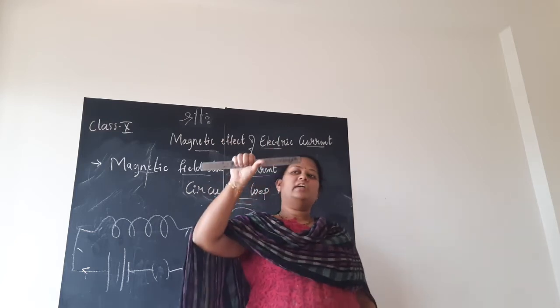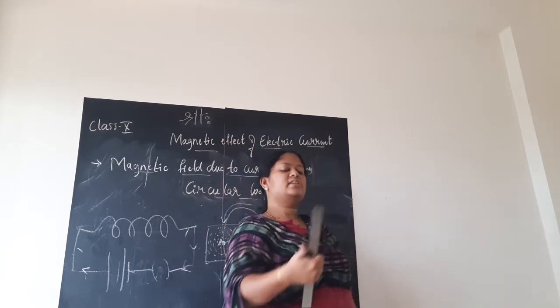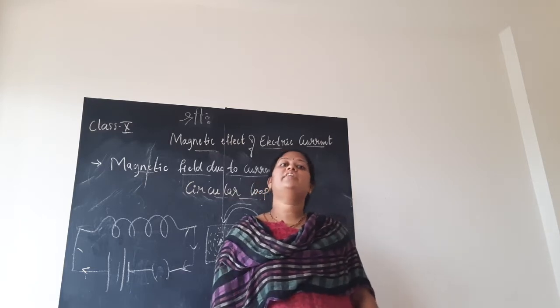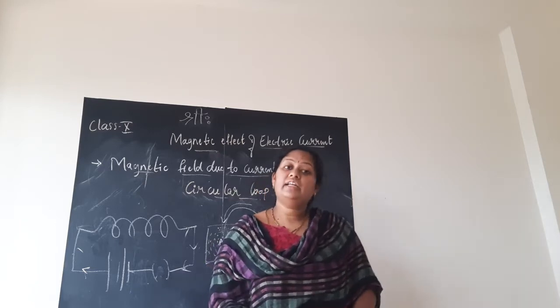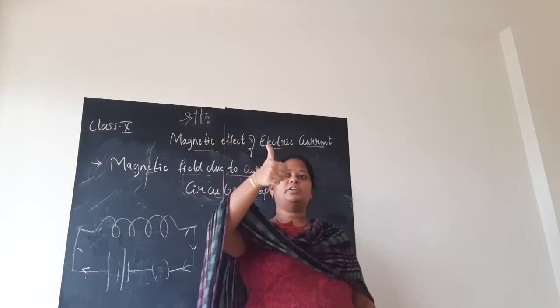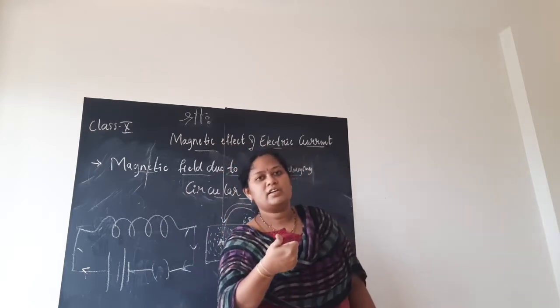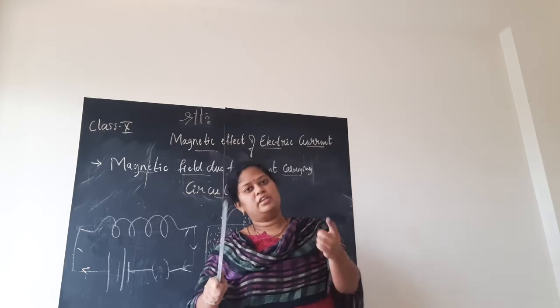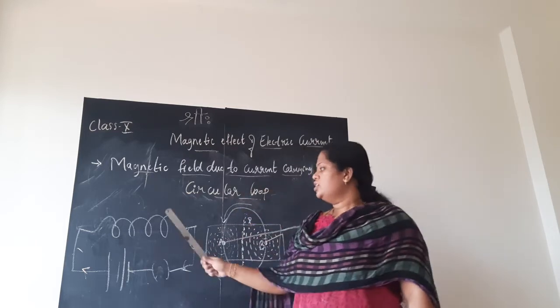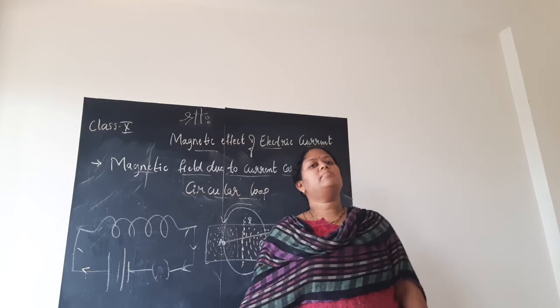In whichever direction your thumb is, that is the direction of flow of current, you should tell. In whichever direction you are curling the other four fingers, that gives you the direction of the magnetic field. This idea you should have, children. So here also in this conductor the same thing happens.